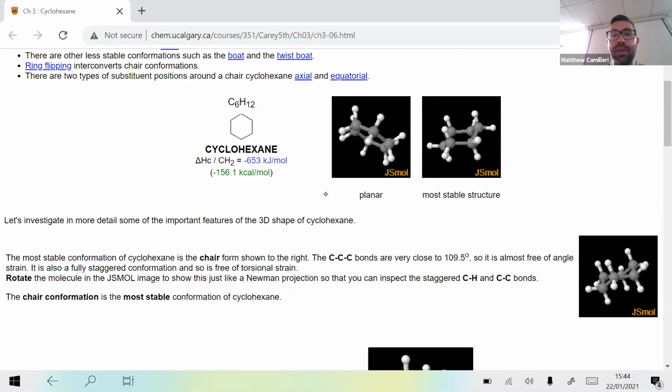Planar is quite unstable. And this is the most stable structure, which is a chair conformation.